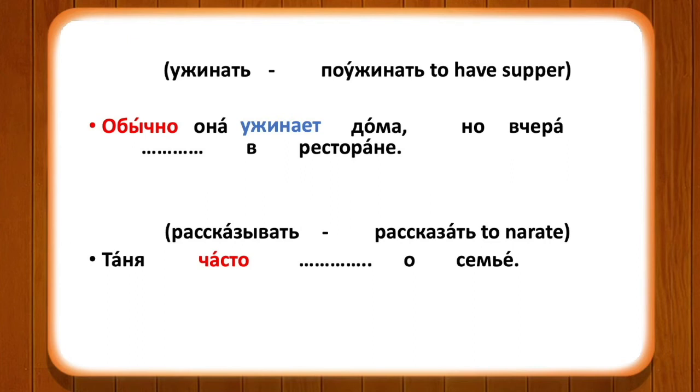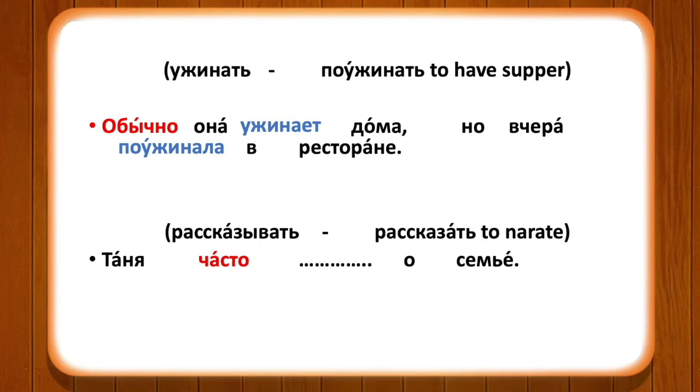So to denote a one-time action, we will use the verb of perfective aspect, which is поужинать, and we will conjugate according to the pronoun она, but because it is yesterday, we will use the past tense form of the verb поужинать, indicating a one-time action that has taken place already. So обычно она ужинает дома. So usually she eats dinner at home.